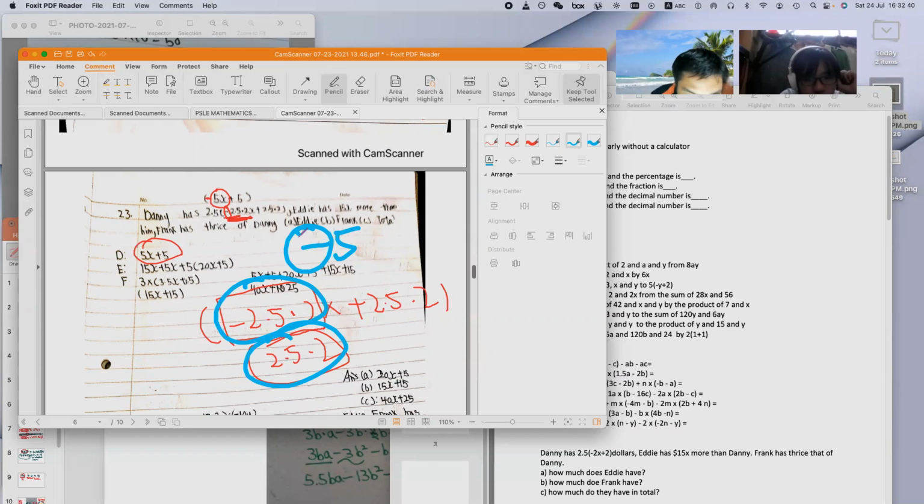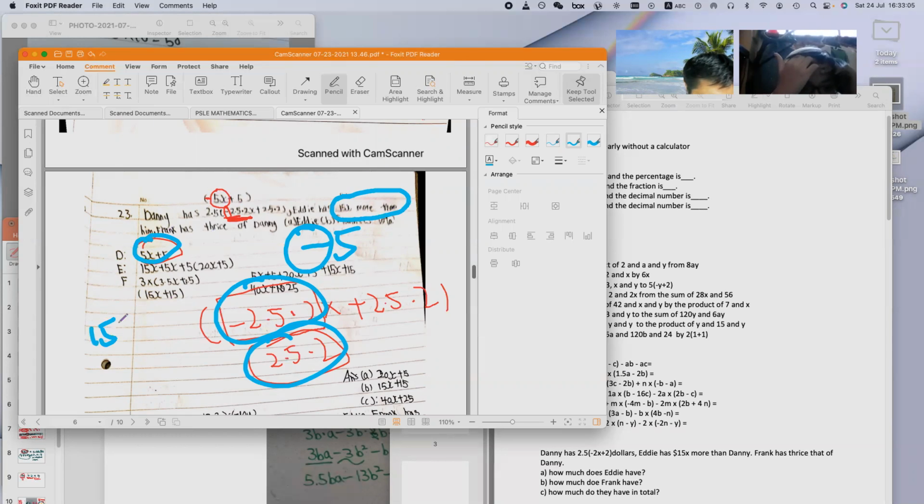And then of course for this question, Eddie has 15x more than him. Okay, 15x more than. So what is 15x more than? 15x more than who? Danny. So let's say Danny is this.